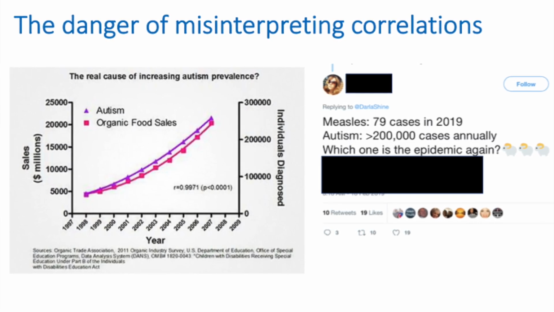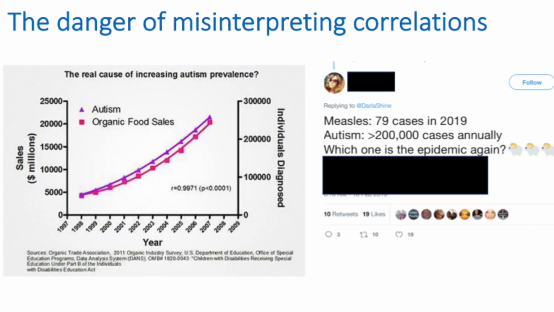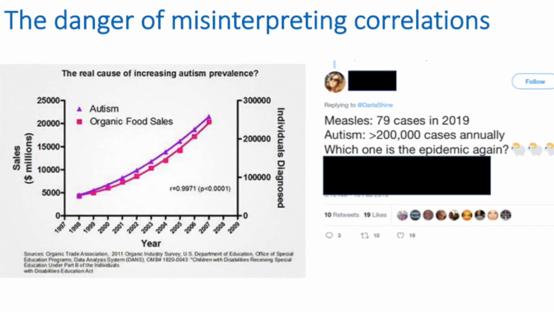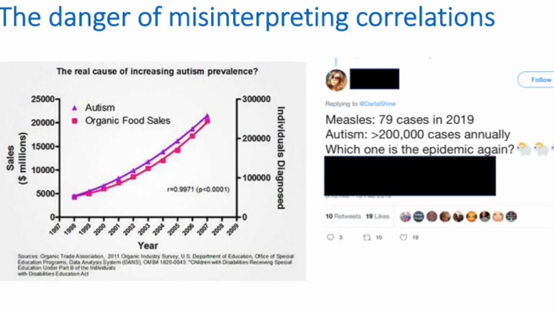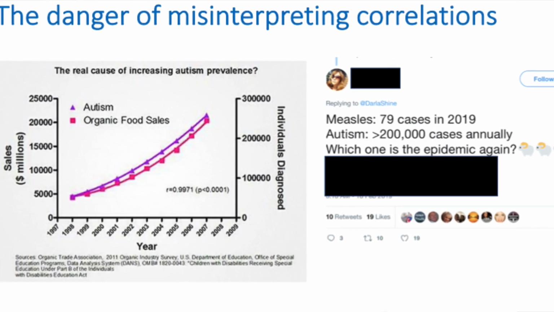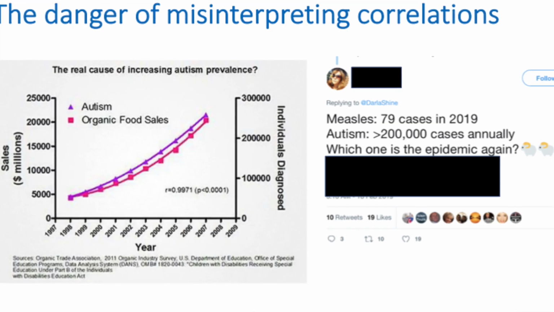Now, in order for anyone to ever make a claim that vaccines cause autism, they would have to do an experimental design. And we're going to dive into an experimental design here soon. But the point I want to make is that we cannot do an experiment which can give us a causal interpretation between vaccines and autism because it would be unethical.